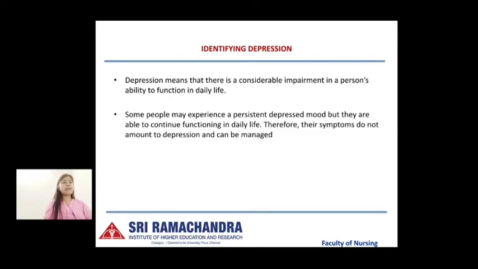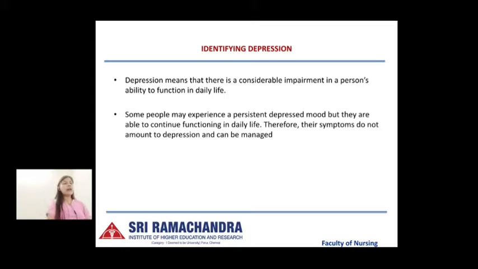For identifying the depression, the person will have a persistent depressed mood, but if he or she can control it and is able to function in life, means she is adjustable, she can manage by herself. So that symptoms doesn't amount to depression, that is under control.